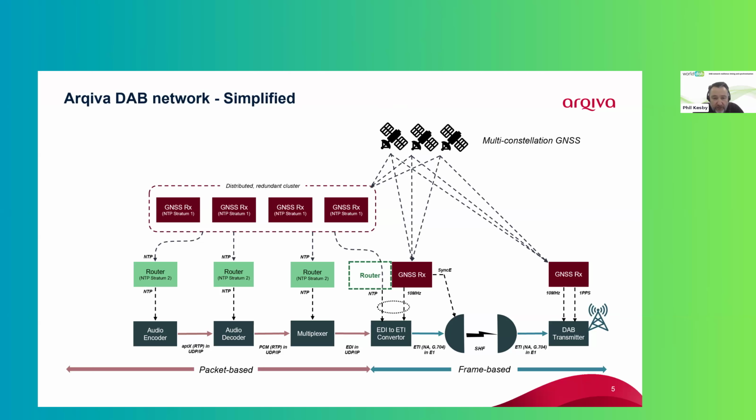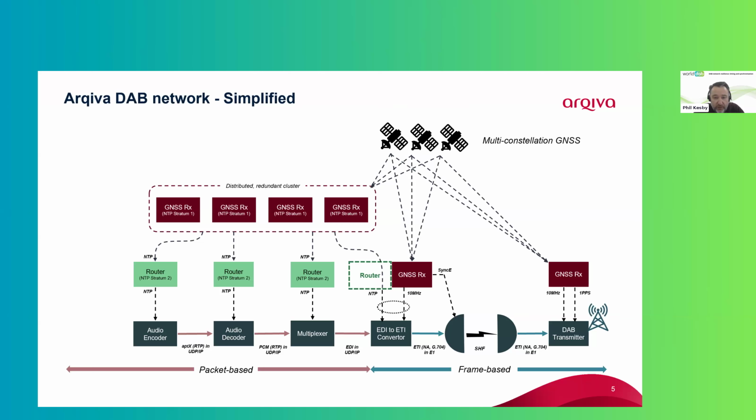On the left-hand side, you'll also notice that the NTP derived by the NTP clients on the audio encoders, decoders, and multiplexers is all classically driven by a distributed NTP design. What this basically means is that we have carrier-grade GNSS receivers in the core of our network, and that enables the clients to subscribe to up to 4 diverse NTP sources, which enables us to remove any false tickers.